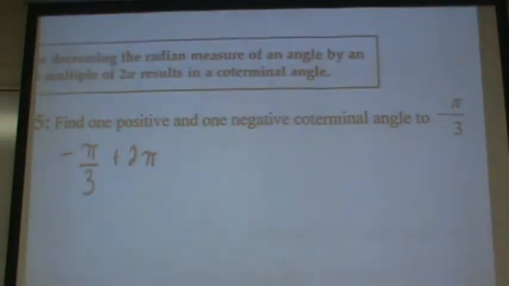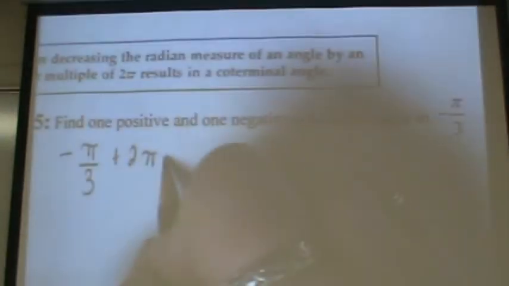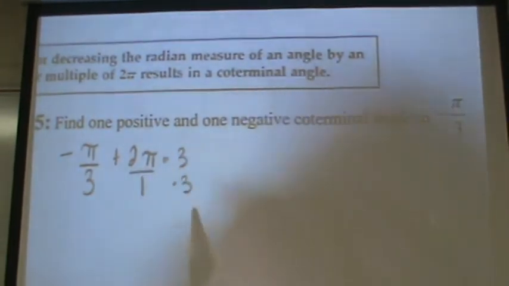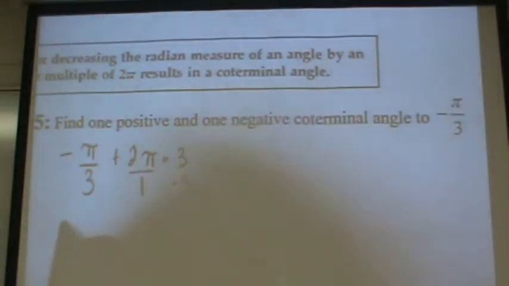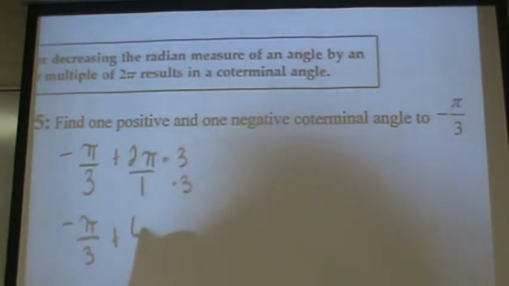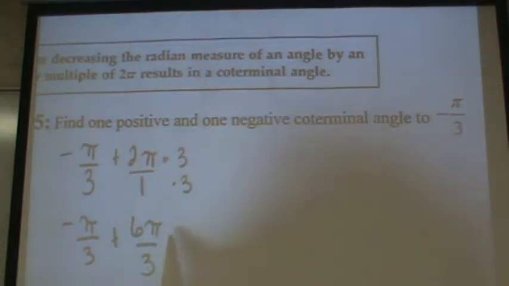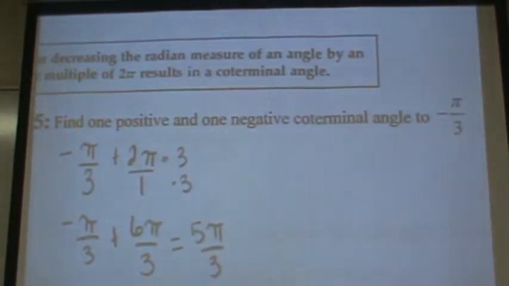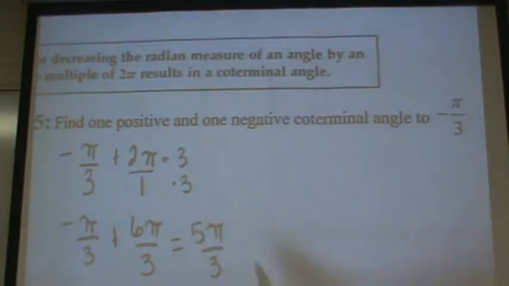Like adding a fraction and a whole number, we have to get a common denominator. So 6 pi over 3. We'll have negative pi over 3 plus 6 pi over 3, and you end up with 5 pi over 3. So that's our positive coterminal angle.